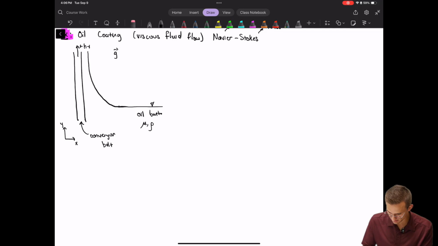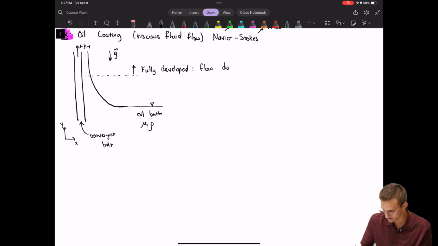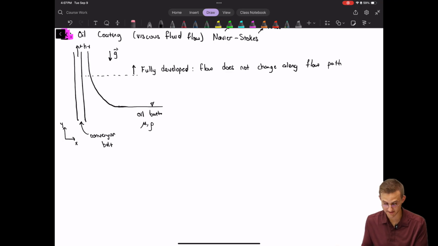We also have gravity acting downward, of course, and we're going to assume that beyond this dashed line, from that point upwards, the flow is what's called fully developed. What fully developed actually means is that the flow does not change along the flow path. In this case, that's in the positive y direction.